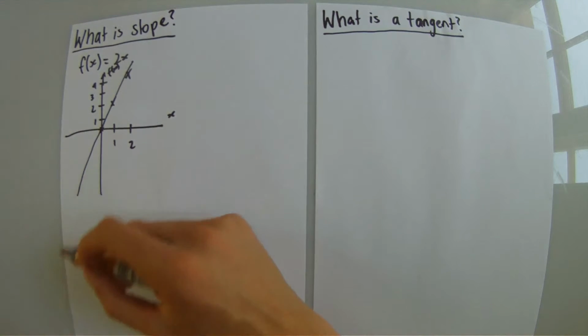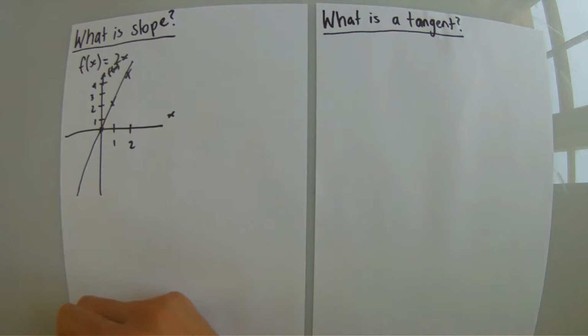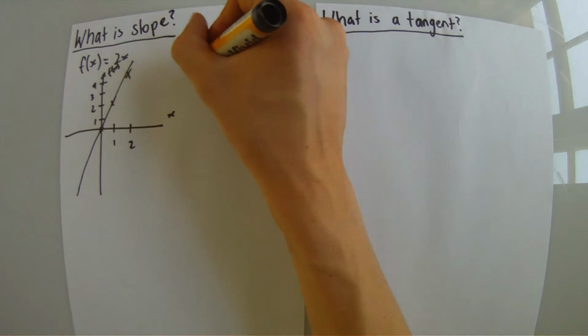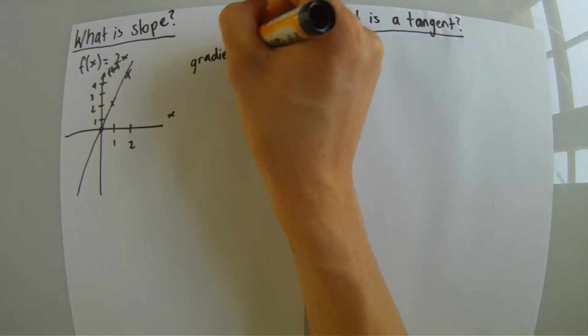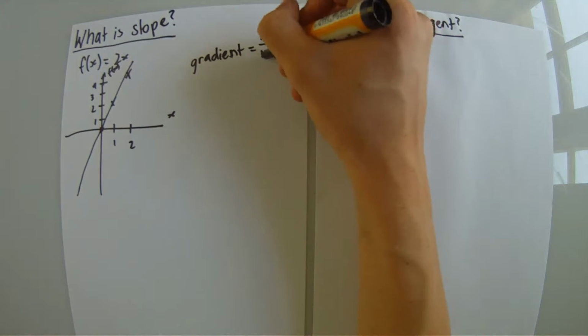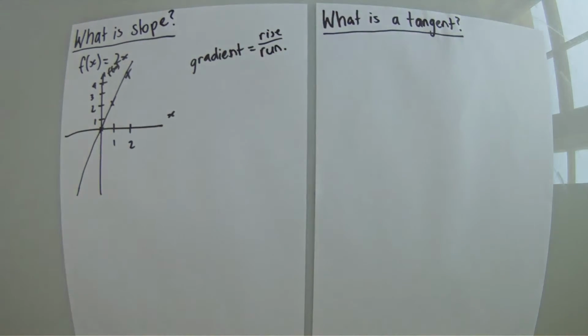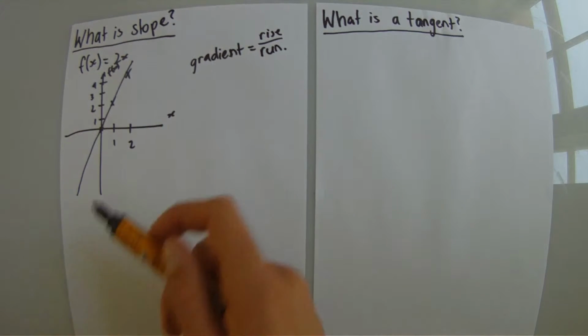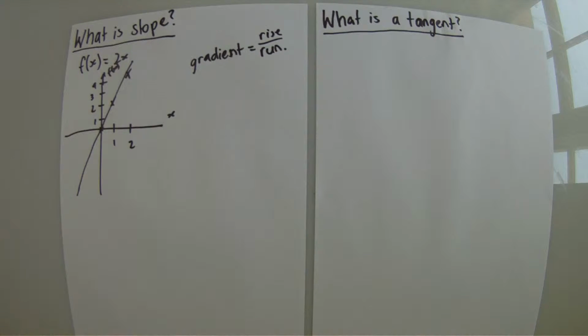And we also know how to calculate the gradient of this line, and that gradient is equal to rise over run. So what does this mean? This means that the slope of this graph is also rise over run.